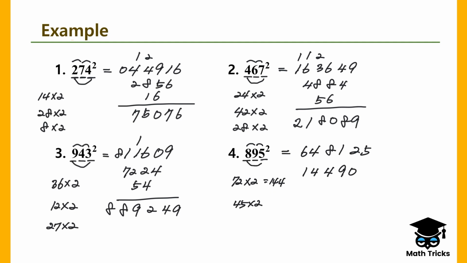And 8 times 5, that's 40. 40 times 2, that's 80. So 80 here. So 5, 2, 0, 1. Here 9, 13, 21. So 21, 2, 4, 4, that's 10. So 161, that's 8. So the answer is 801025.